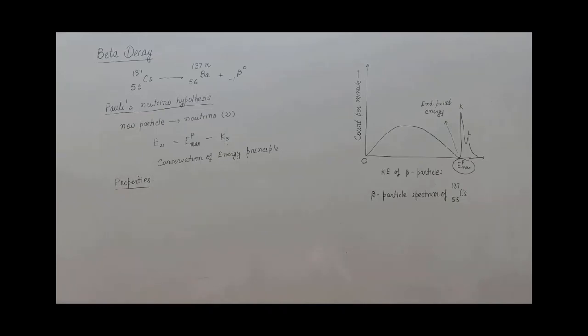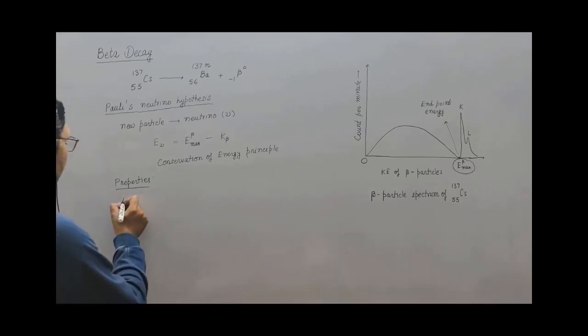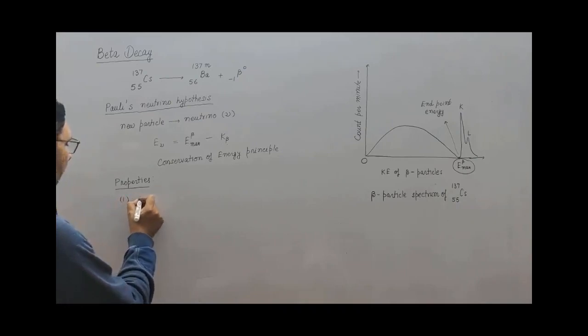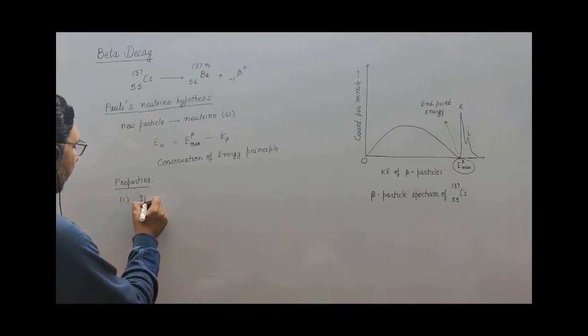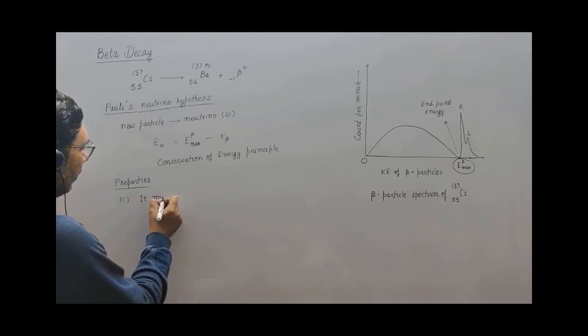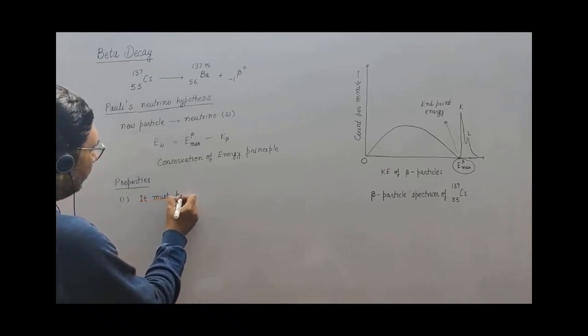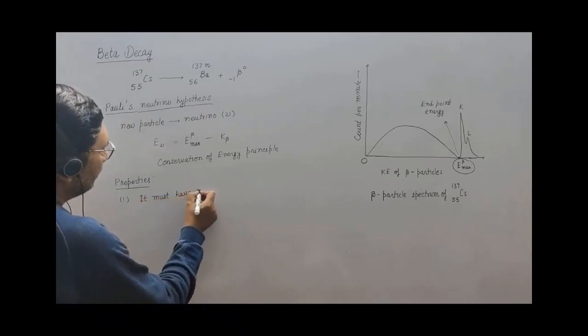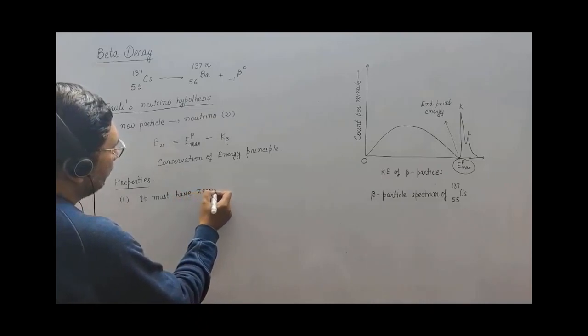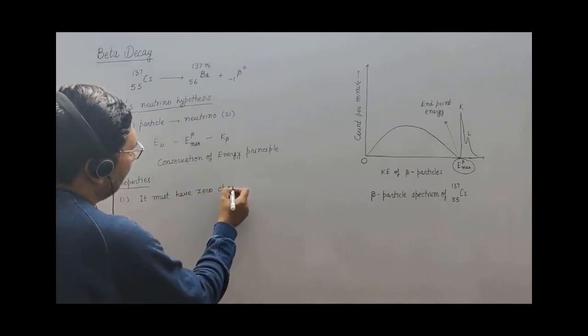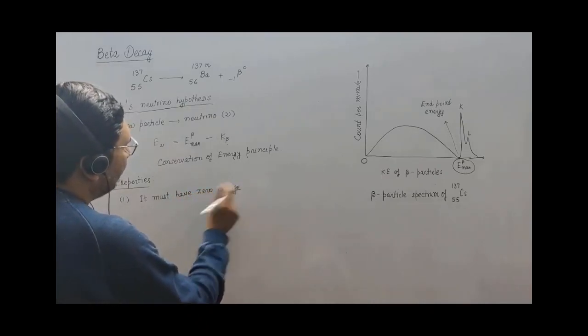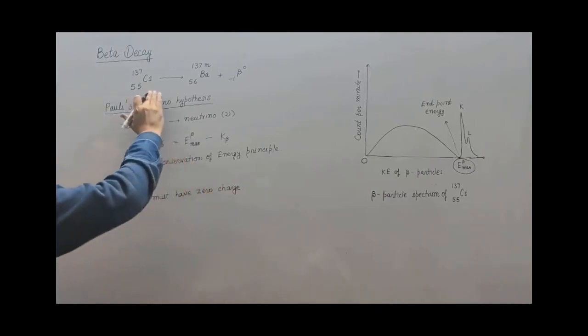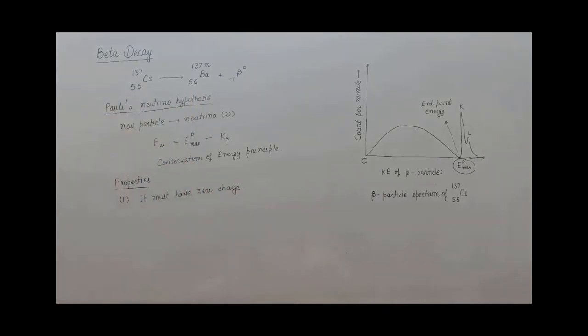Charge is already conserved, so the neutrino must have zero charge. Why are we saying zero charge? Because charge is already conserved.